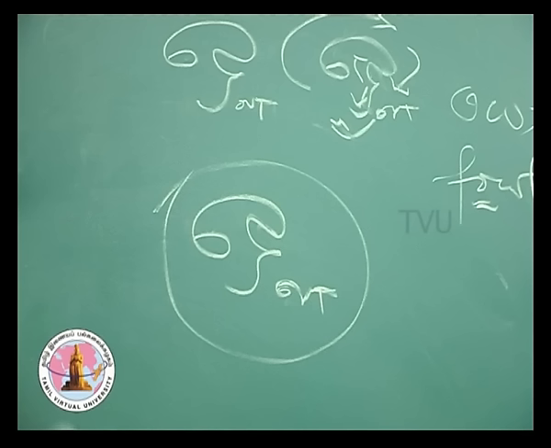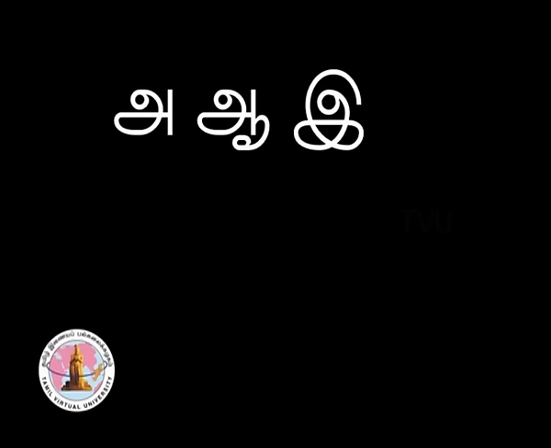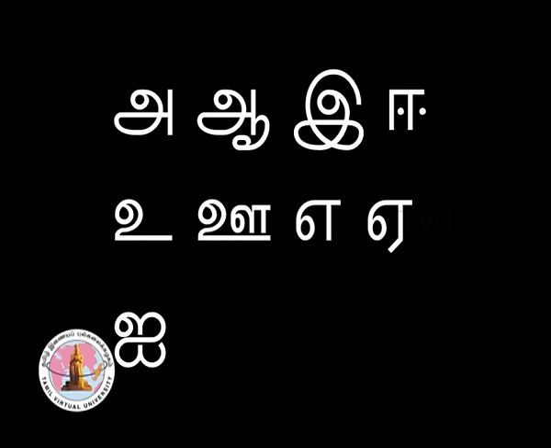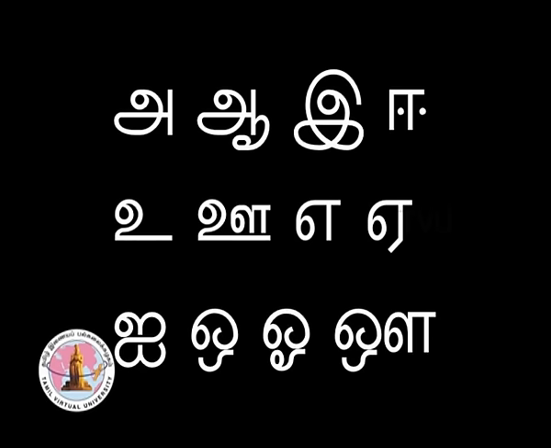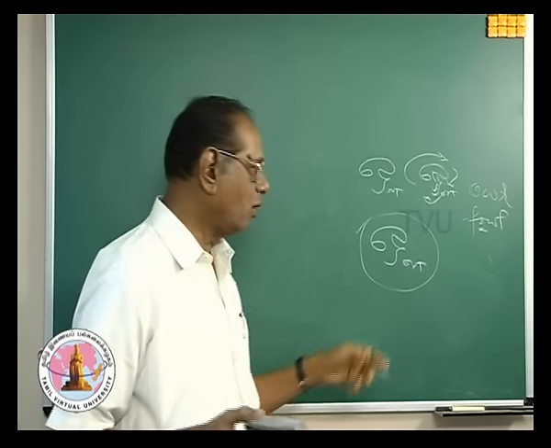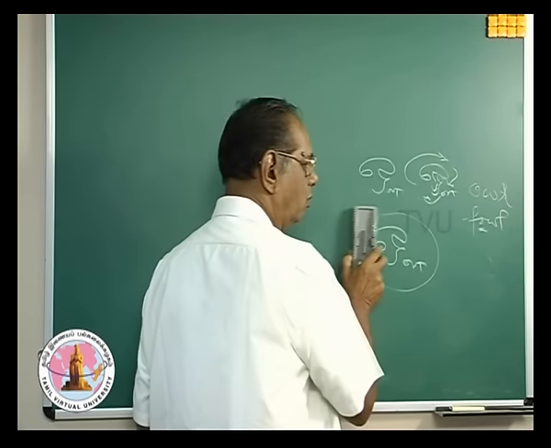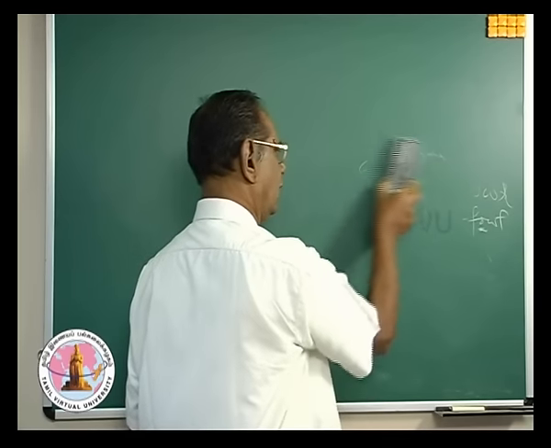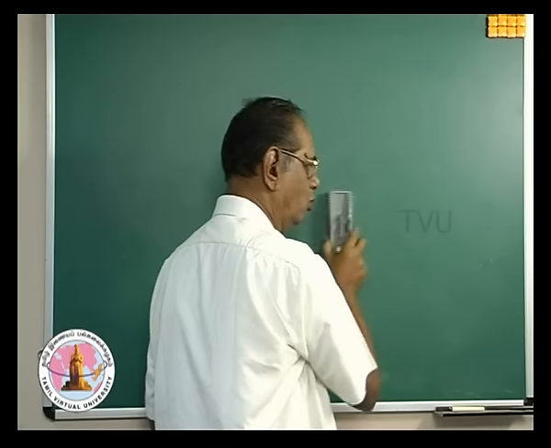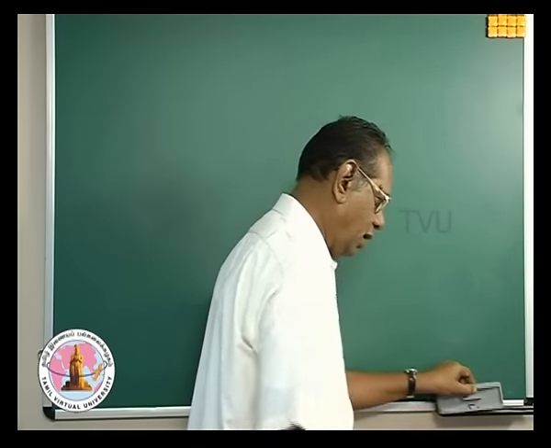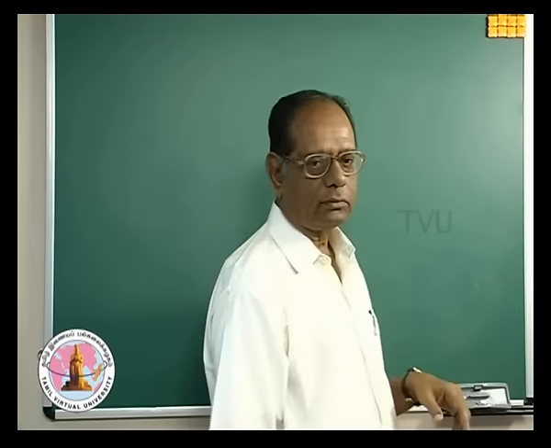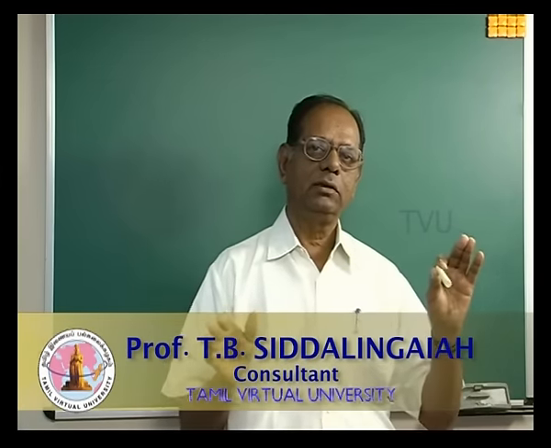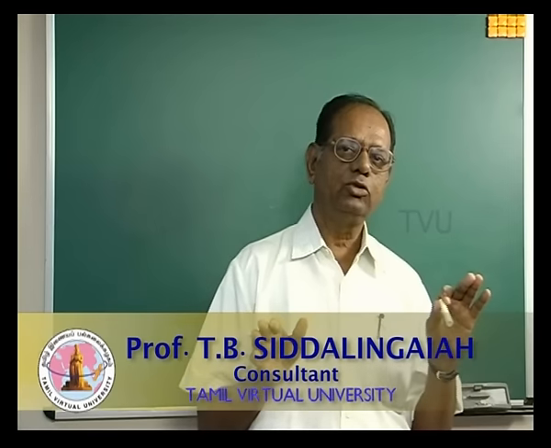Now we have seen a, I, u, e, I, o, and ow. These are called the 12 letters of the Tamil alphabet. And as I told you earlier, hope you remember, the Tamil alphabet is divided into two categories.